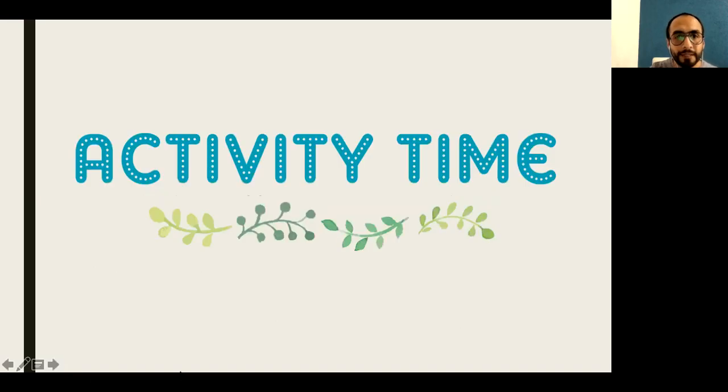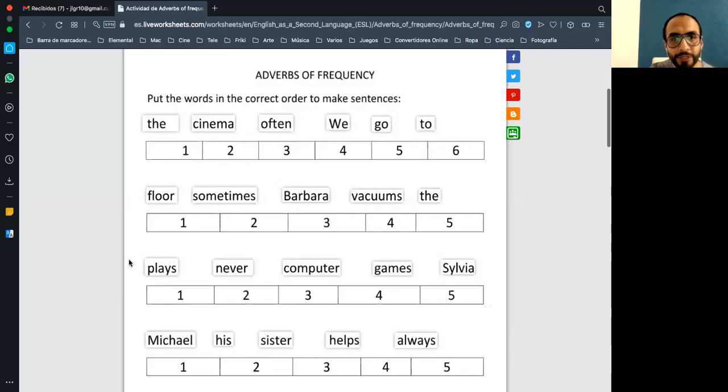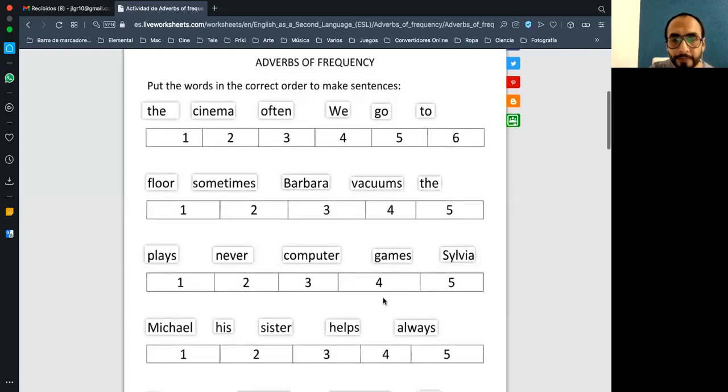Now it's activity time, okay? Let me share with you the exercise. You already have the information, and now you have to put the words in the correct order. We have different slots, different words. So please, let me think, like about 4 minutes to order the sentences, okay?